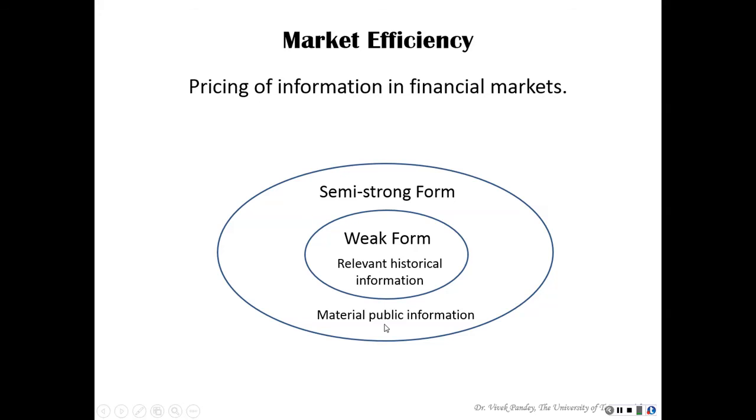So what this is leaving out so far is non-public information, like private information. So if you are the CEO of a company, you know more about the inside of the company, you know more about what your company is going to be doing before the public does.